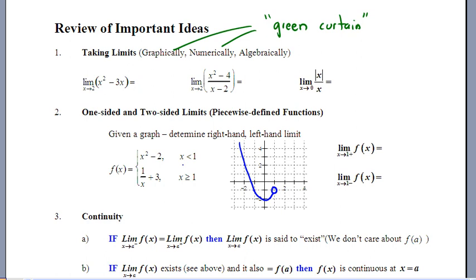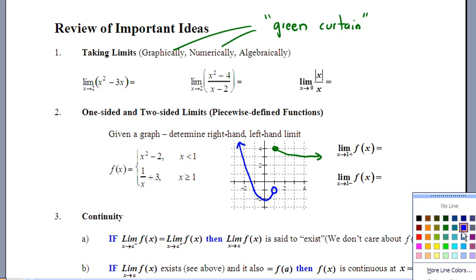That's the first branch. But then later on, it does this other branch, and that ends up being up here, kind of going like this. So there's a function. It does pass the vertical line test. But what about limits? It doesn't have a limit at x equal to 1, not a full limit, but it does have one-sided limits.